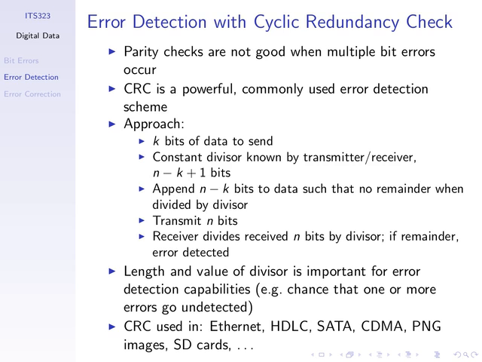With the parity check, with our CRC, the same concept applies. We have k bits of data. We have an error detecting code of n minus k bits, and we transmit n bits. The larger the error detecting code, the better error detection capabilities we have.